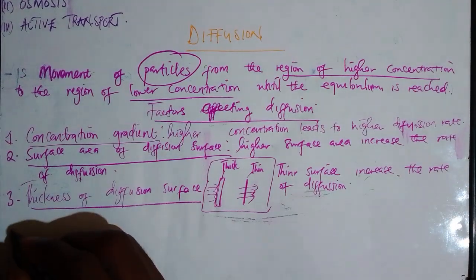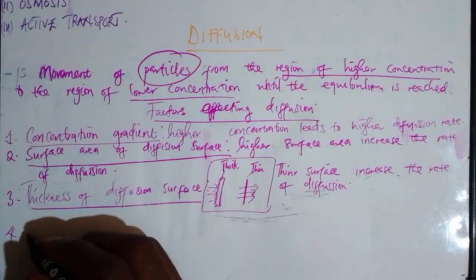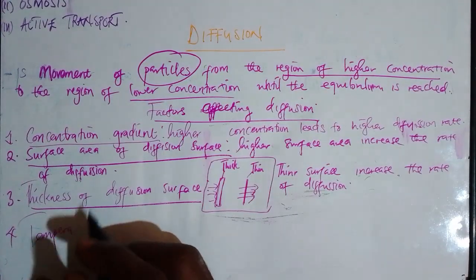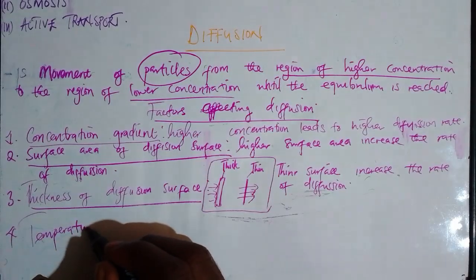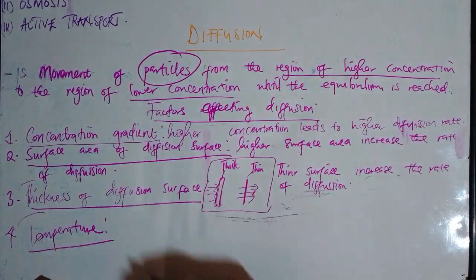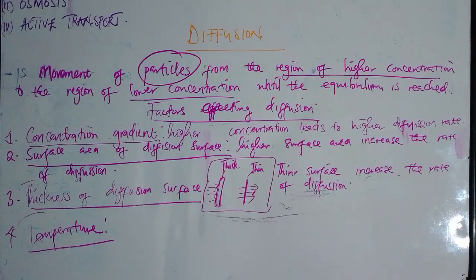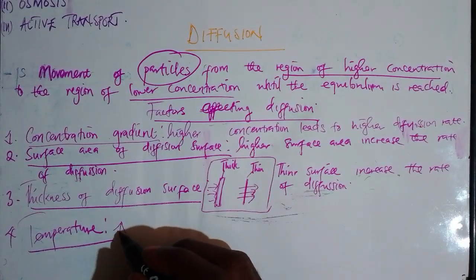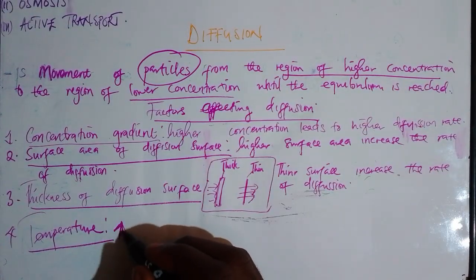Then we have the fourth one, which is the common one, temperature. So how does temperature affect the rate of diffusion? We know that when we increase the temperature, increase. This symbol means increase.